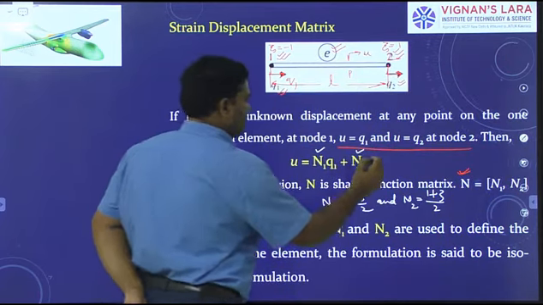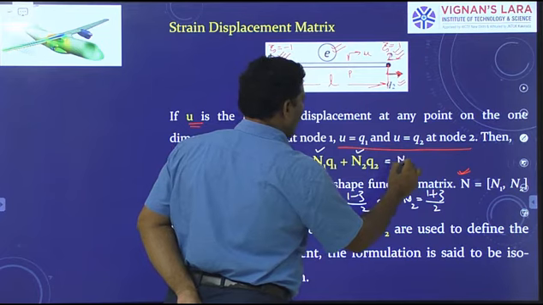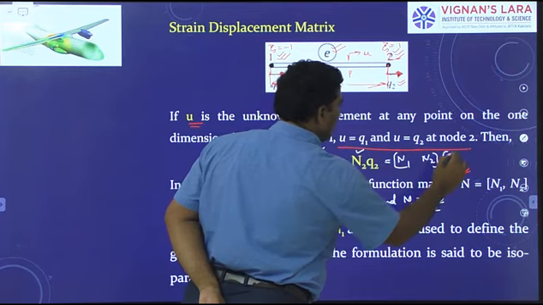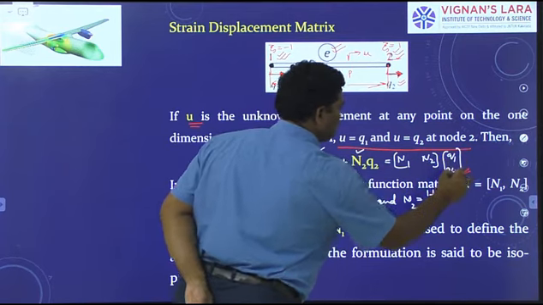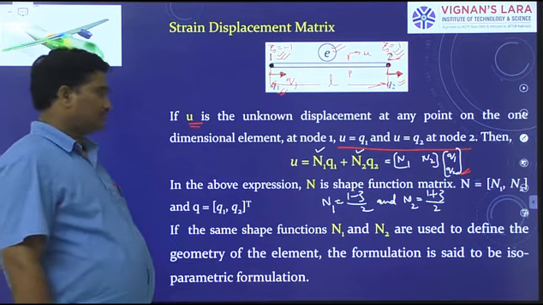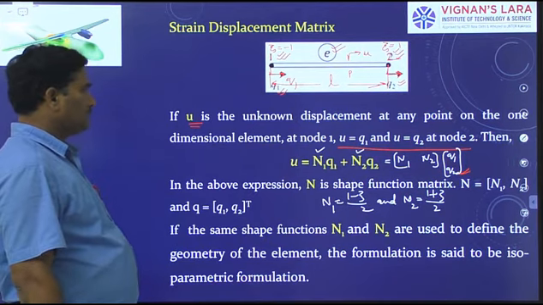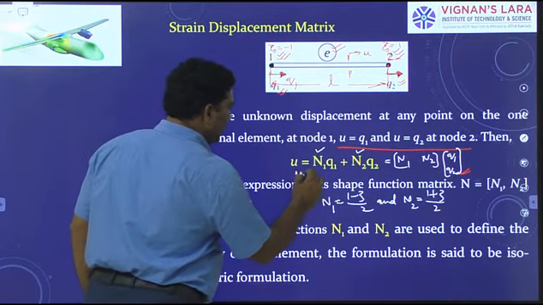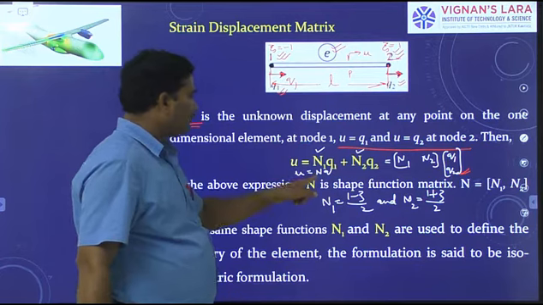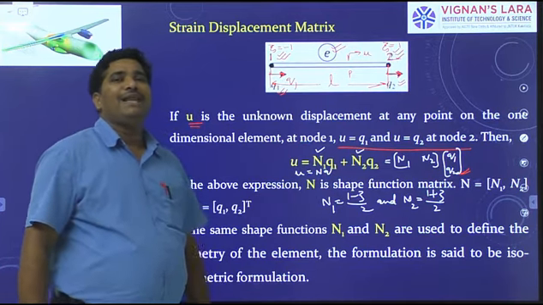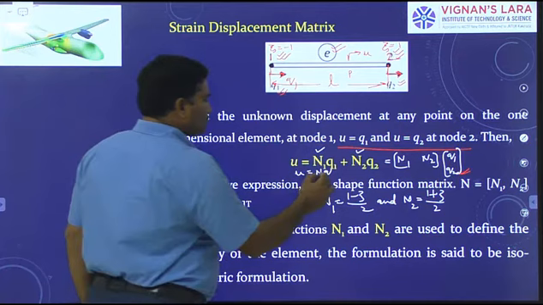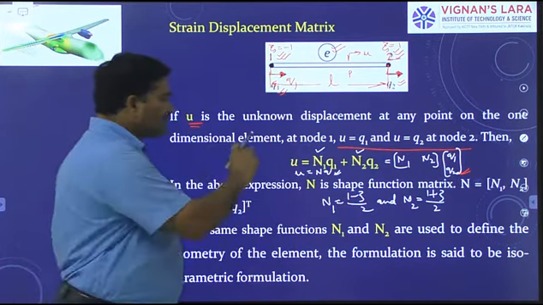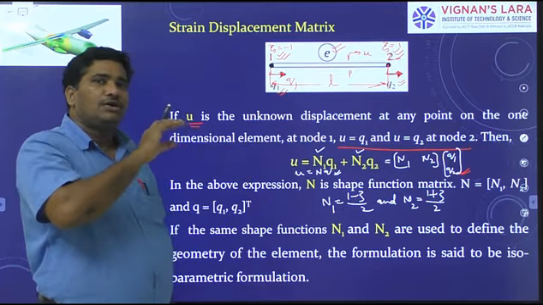How do you write it? It equals a row matrix having the elements N1 and N2 times a column matrix having the elements q1 and q2. Understand? In simplest form, you can write this U as N into q. N is the shape function matrix and q is the element displacement vector. What is q? Element displacement vector. It is a column matrix. What is the shape function matrix? It is a row matrix.